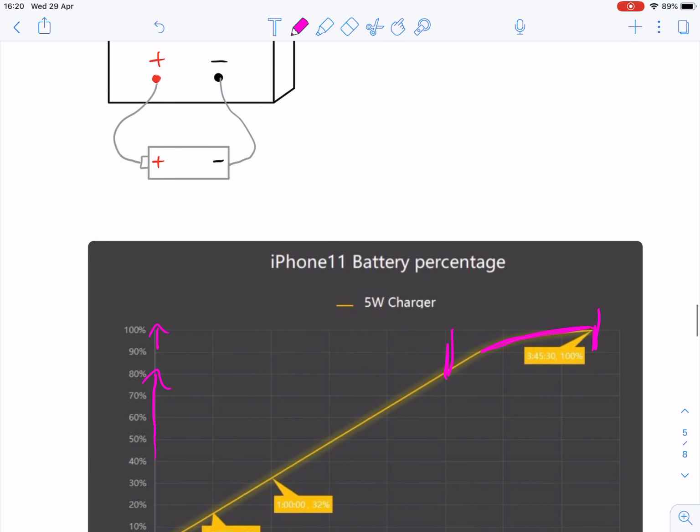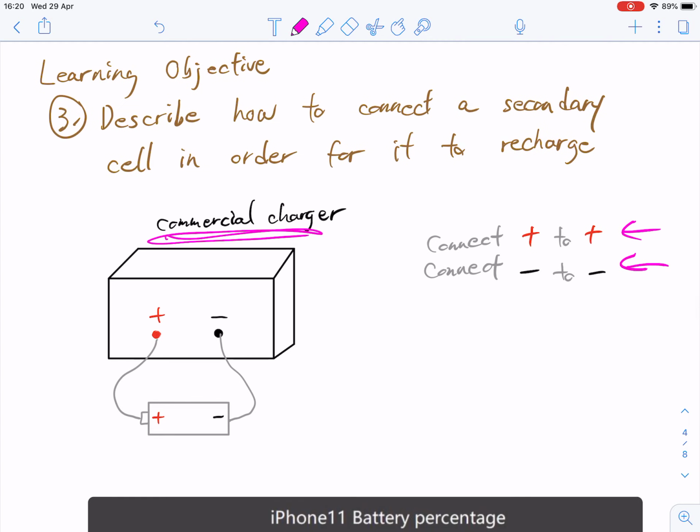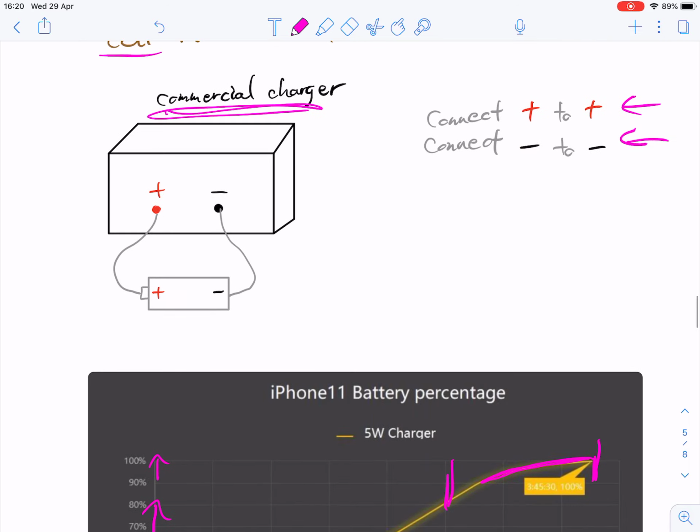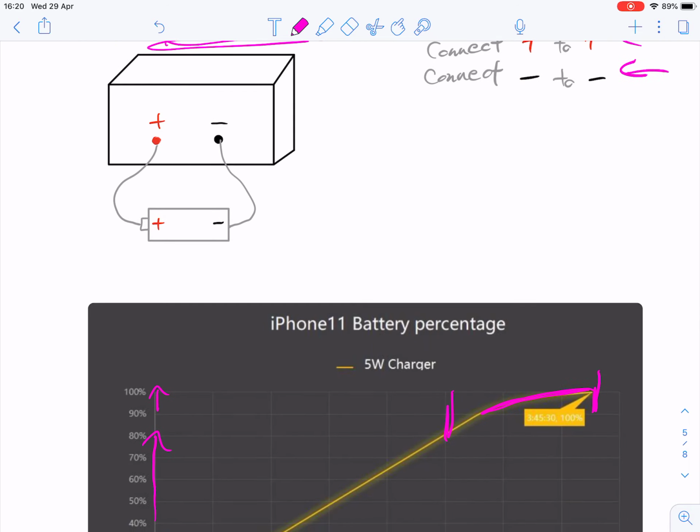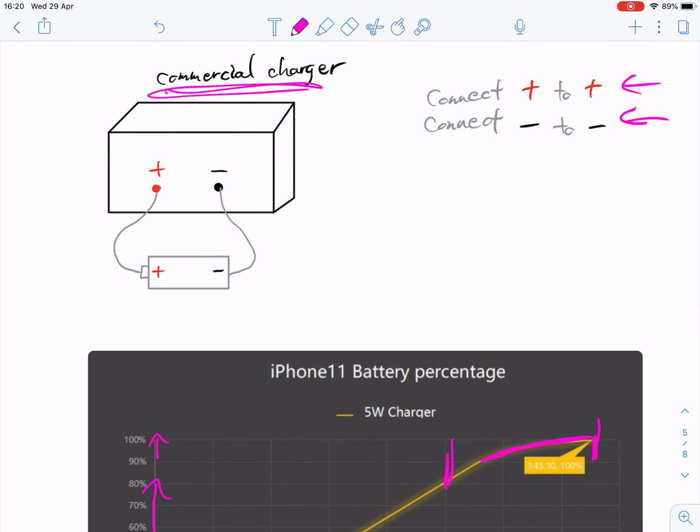And the reasoning for that is that with rechargeable or secondary cells, as it reaches its maximum percentage or maximum voltage, it needs to slow down the rate of charging to protect the cell from overheating, or as we commonly like to say, prevent it from exploding.